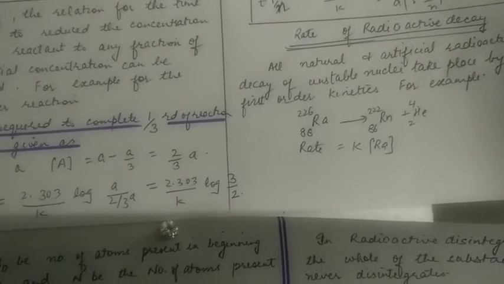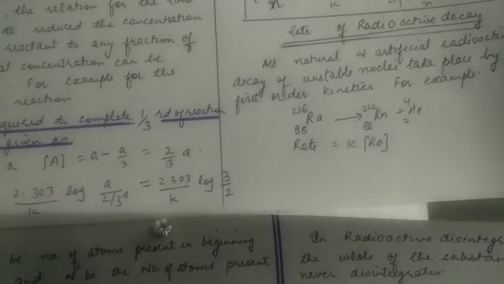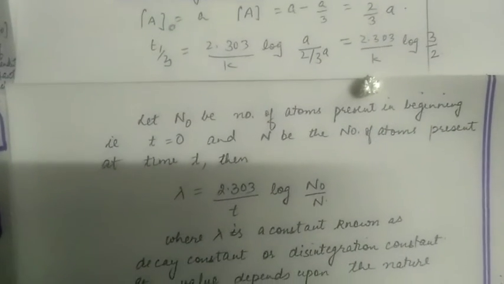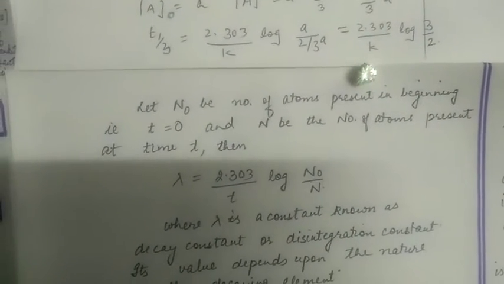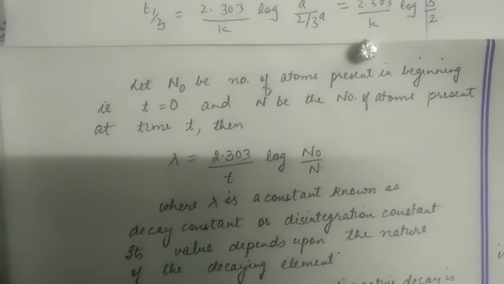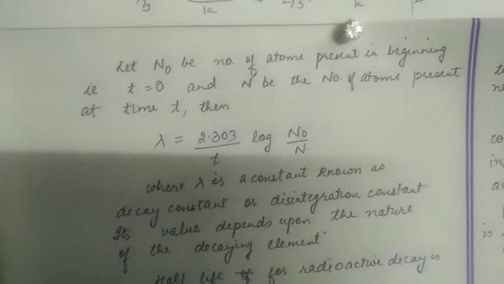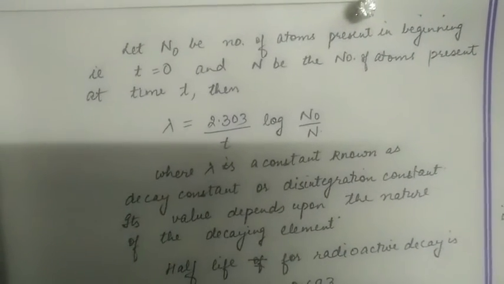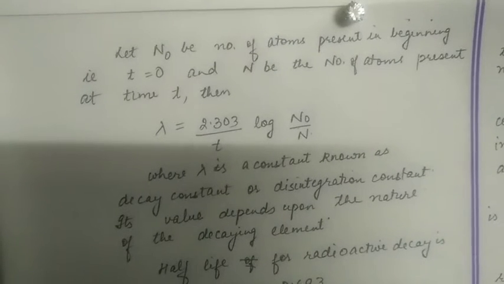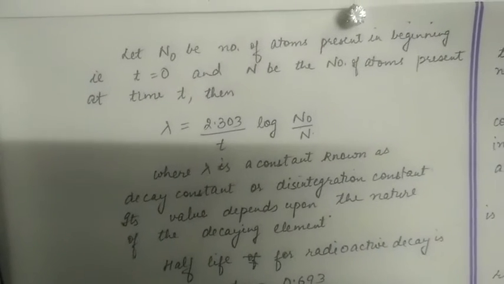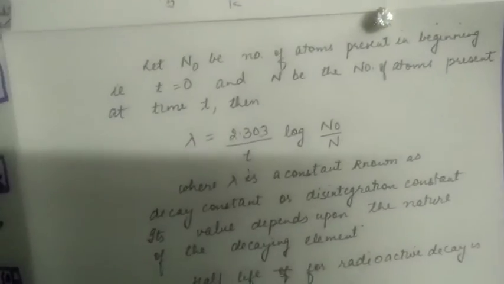Rate is equal to K into concentration of Ra. So let N naught be the number of atoms present in the beginning, that is T is equal to 0, and N be the number of atoms present at time T. So lambda, which is called the decay constant, is equal to 2.303 upon T log N naught upon N.